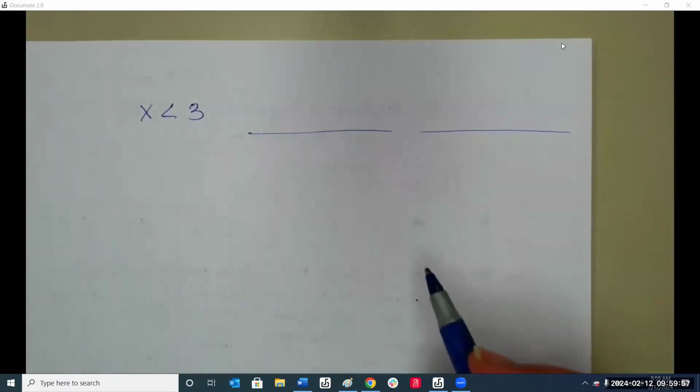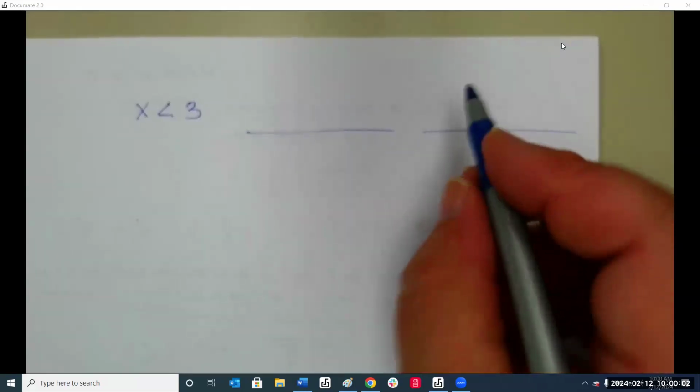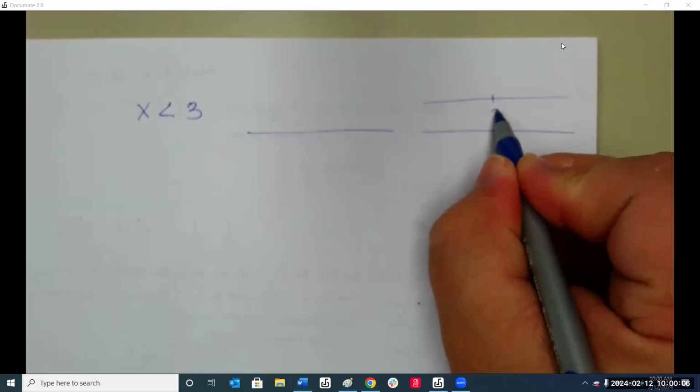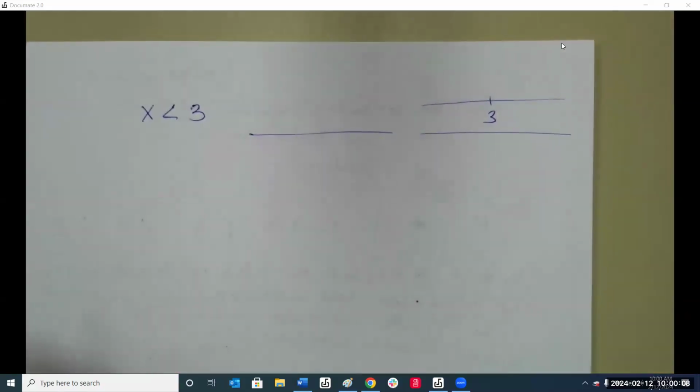Now, whenever you do conversions, this is my favorite way of doing it. Always go to graphing first. Convert whatever method you have, go to graphing first.